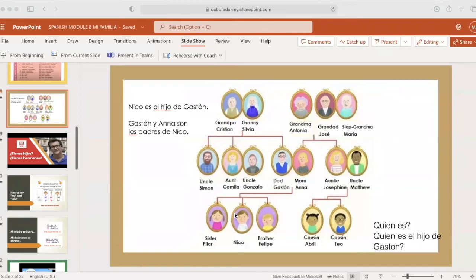Sobrinos is nephew or niece. Okay. So is this correct? Yung sinabi ni Denny Chris, Abril y Teo son los sobrinos de Nico. Tama ba? Come on. We are down to a few more slides.